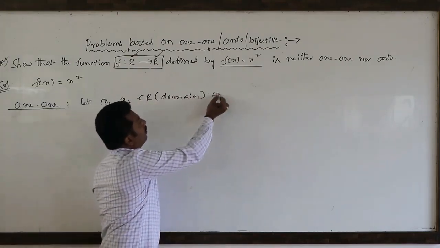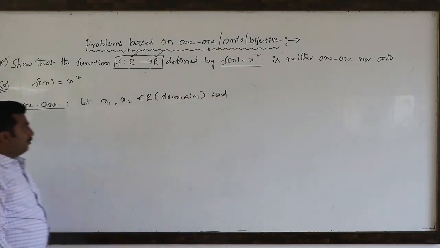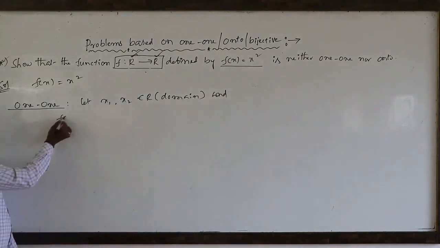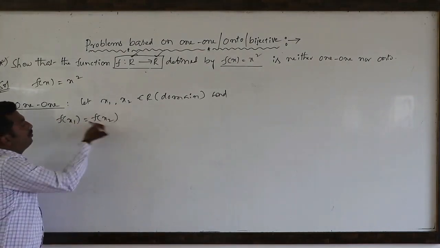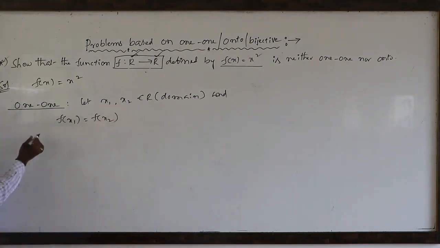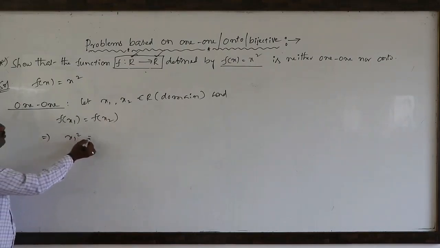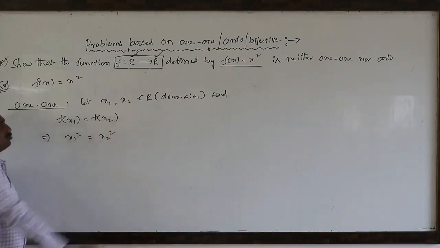And f of x1 equal to f of x2 we have to assume. f of x1 is nothing but x1 square, f of x2 is nothing but x2 square.